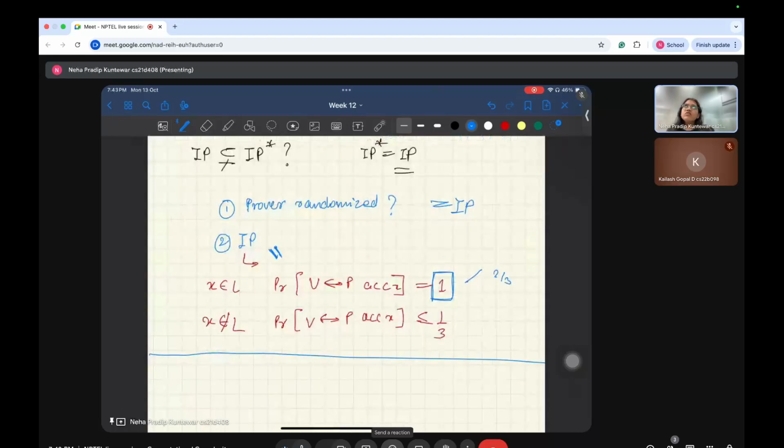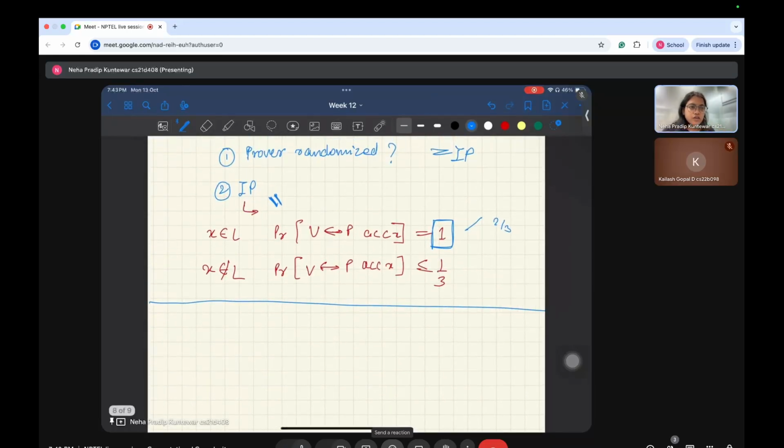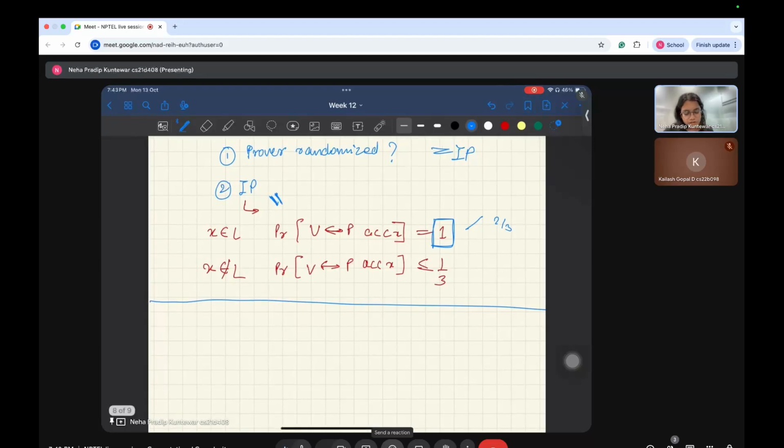Just to give an example, one such example that you've done in class is graph non-isomorphism, or GNI.